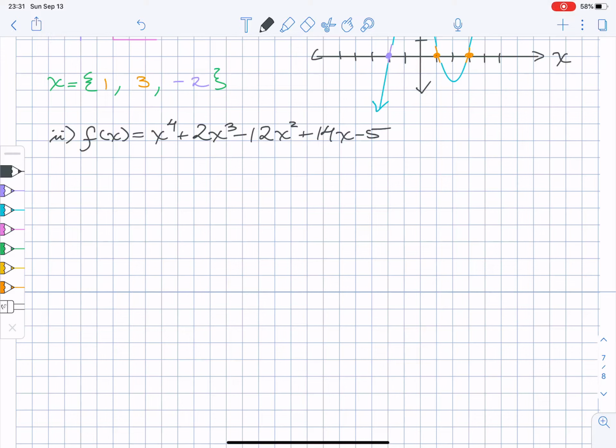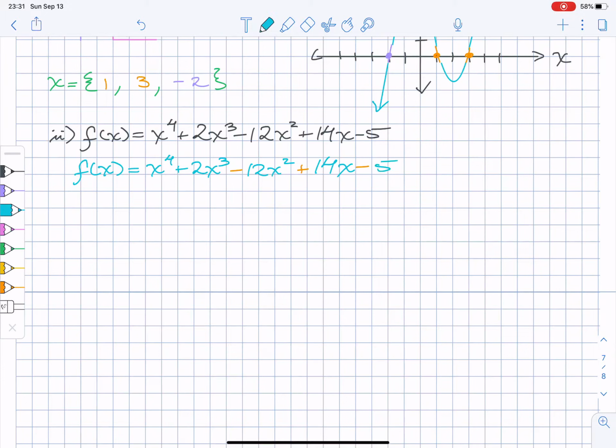Okay, so I claim for the positive real roots, it's going to be x to the 4th plus 2x cubed minus 12x squared plus 14x minus 5.